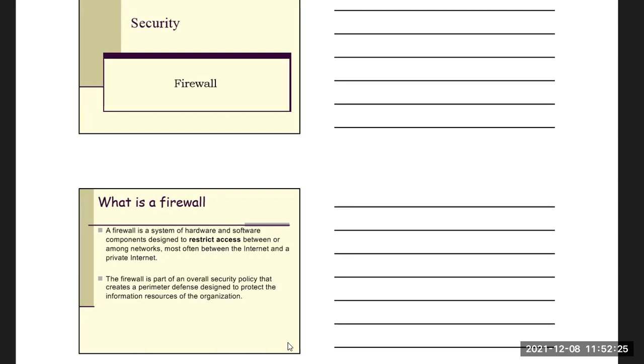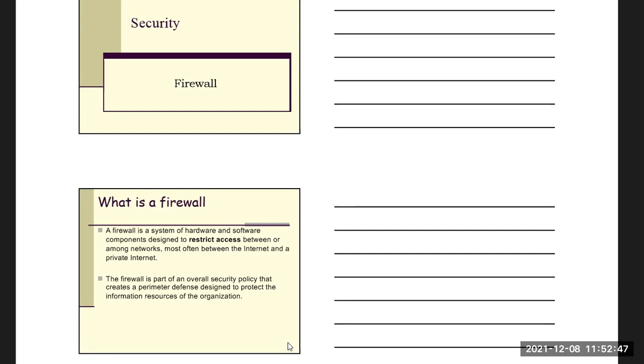It is used between the public and private network, and it restricts the access of malicious packets. Let's say some malicious packets are coming from the public network to the private network. The firewall will restrict that access.